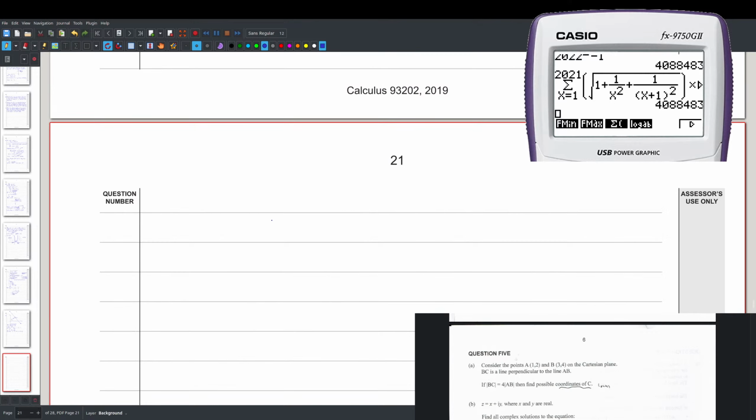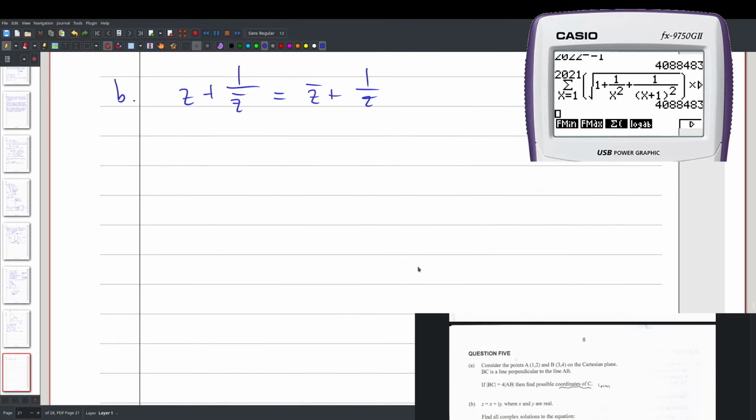Z equals X plus IY where X and Y are real. Find all complex solutions to this equation. Z plus 1 on conj Z equals Z bar plus 1 on Z. It's a bit sus.